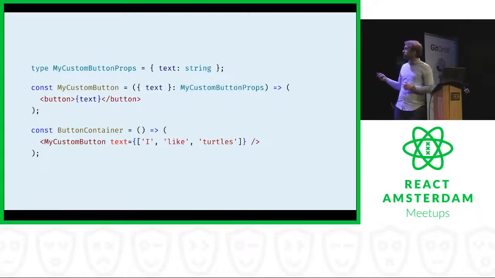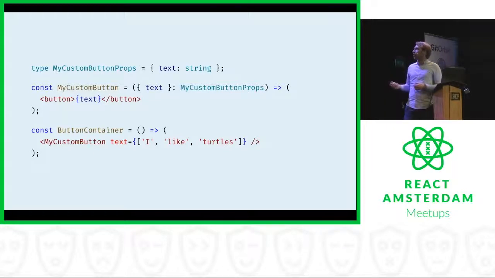This is a small example of using, in this case, Flow to make sure there are no bugs in your React components. On top here, I have a type definition for the props that I'll be using in this small button component. It basically says it has 1 prop, which is text, which should always be there, and it's a JavaScript string. Here's the component, and what it does, it puts the text inside the button.